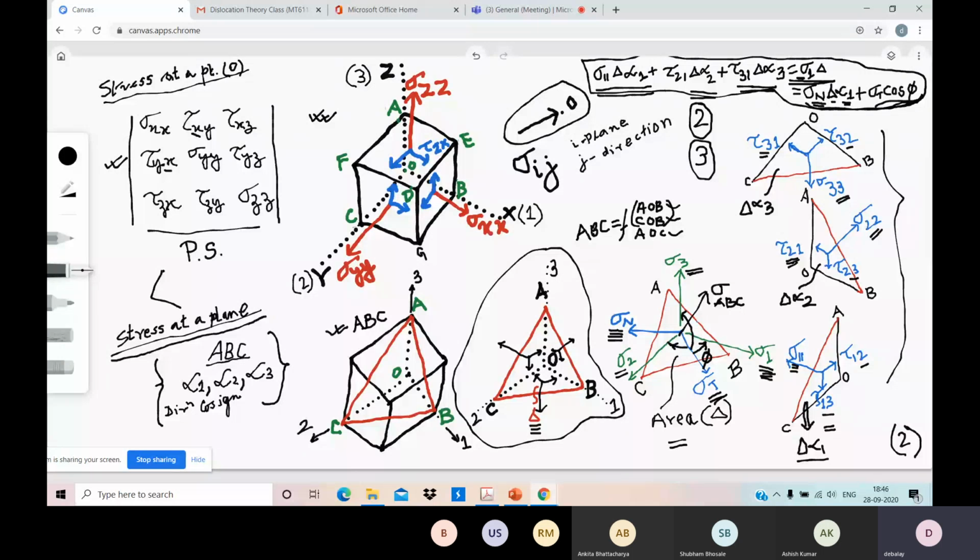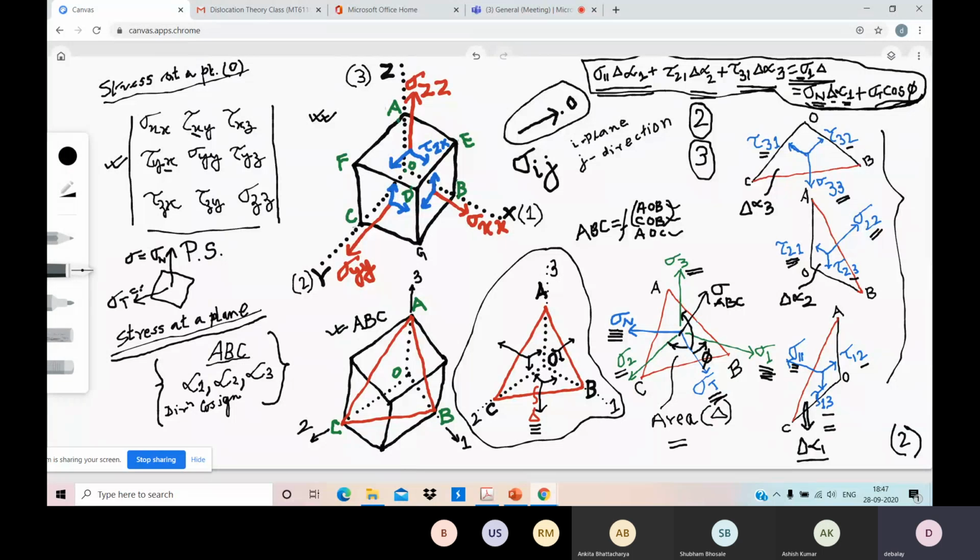For example, I am considering any arbitrary plane. The entire stress that is acting is the normal stress. So basically, the entire stress that is acting is sigma n, and there is no sigma t, there is no shear stress. So sigma t equals 0.